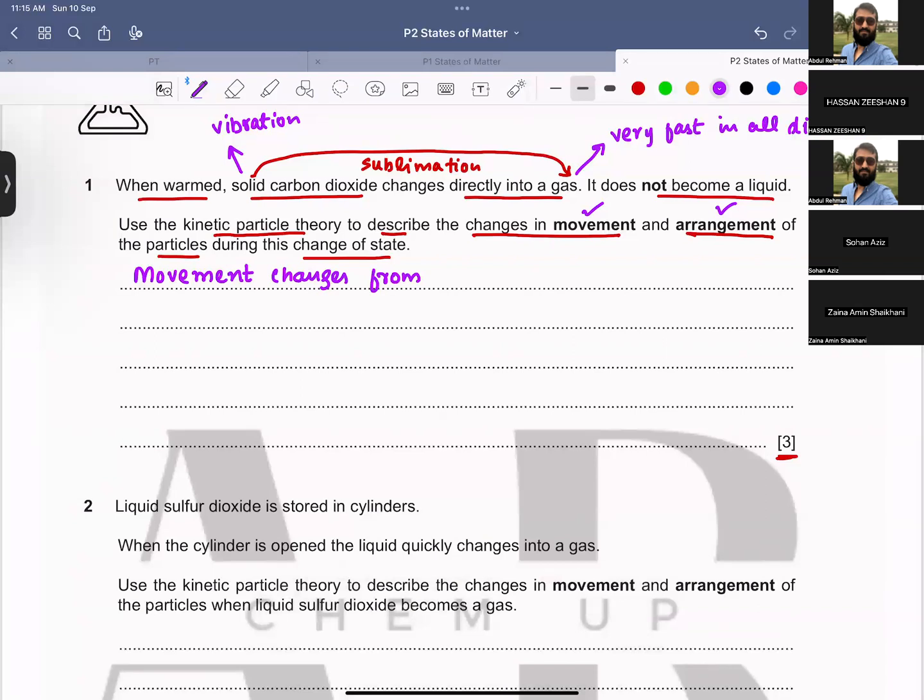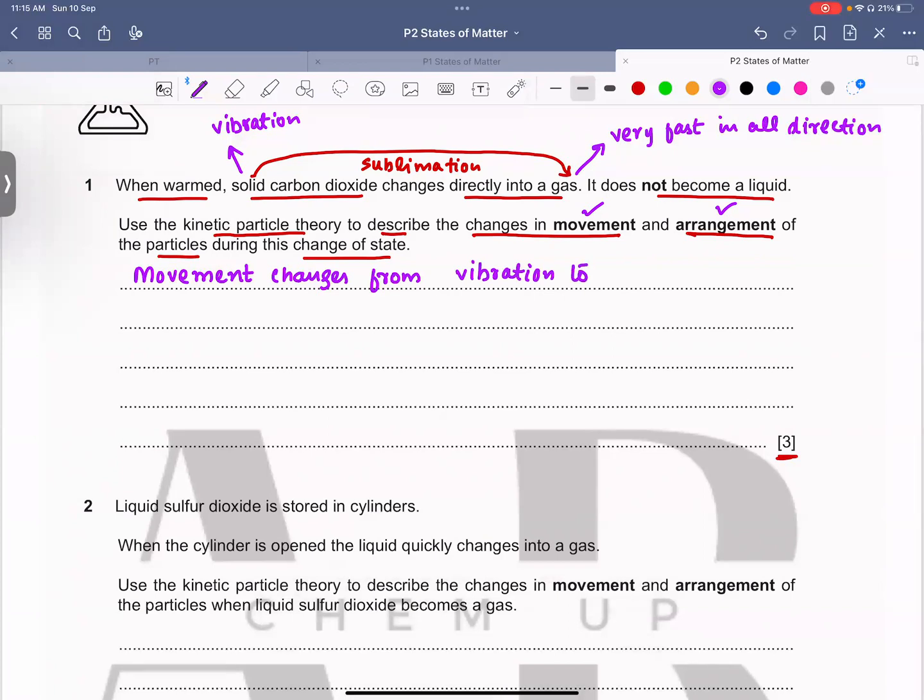So the change in movement would be: movement changes from vibration to moving very fast in all directions. So that is 1 mark.